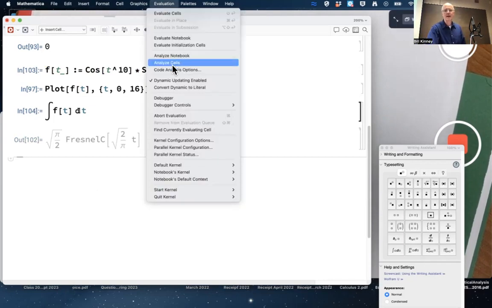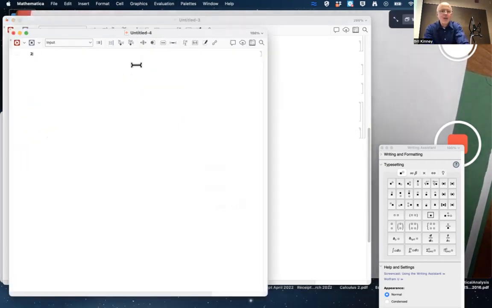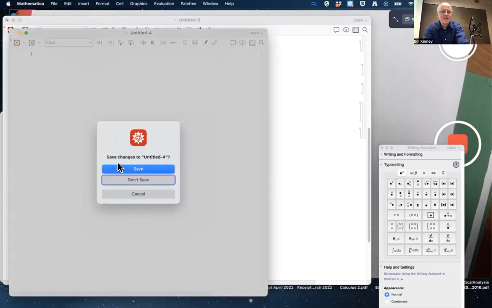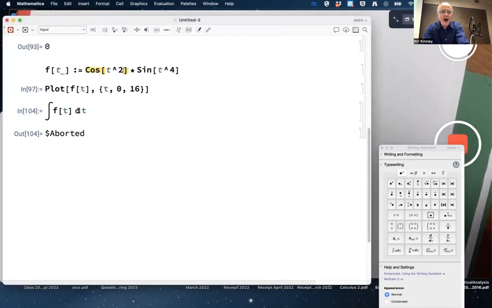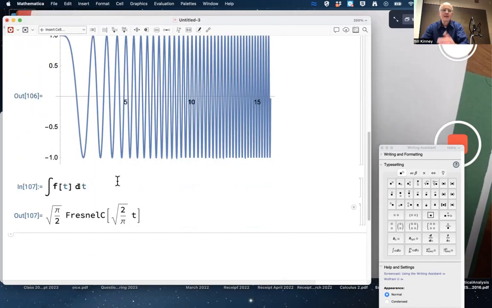Okay, I'm going to abort the evaluation. Probably it would come back and say, I don't know. It would come back with no output. However, these functions are honest to goodness, nice continuous differentiable functions with nice graphs, with nice areas under them. We should be able to approximate this function.